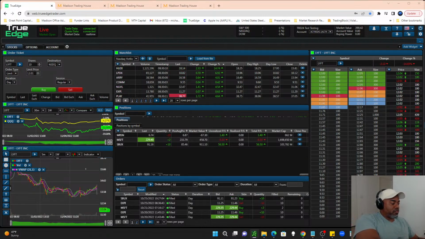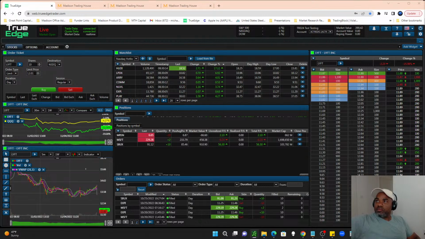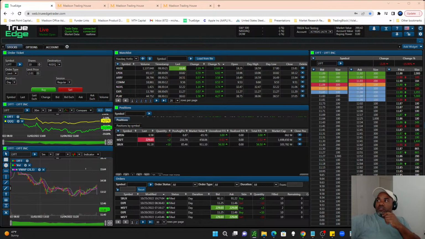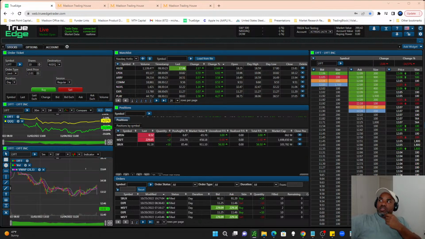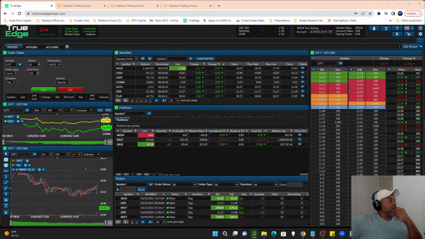Lyft so far looks like it's trying to go back up. And HUDI, although it's trading significant volume, does not look like it wants to go up right now.